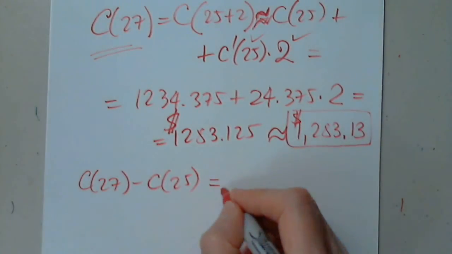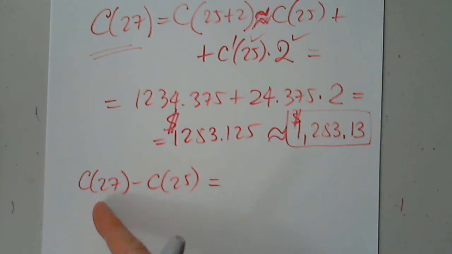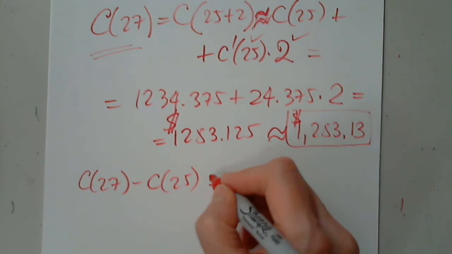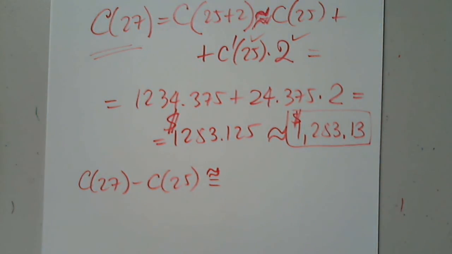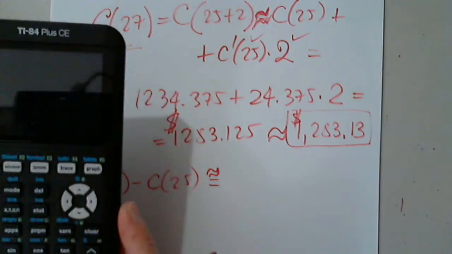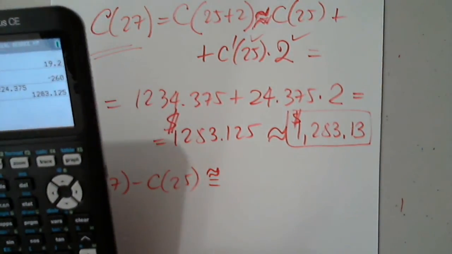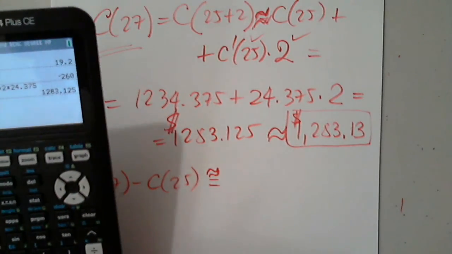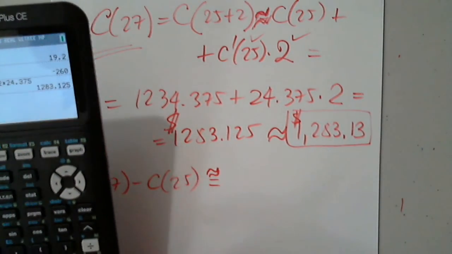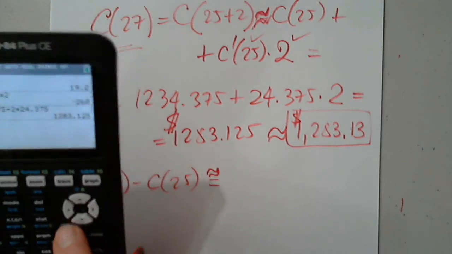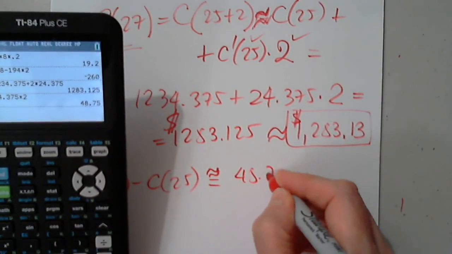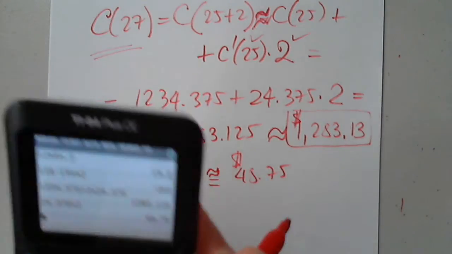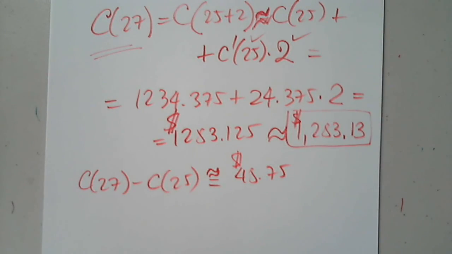Because I moved this to the other side, c of 27 minus c of 25 is approximately 24.375 times 2. We shouldn't do this with a calculator. 48.75 is the difference. The estimated difference.